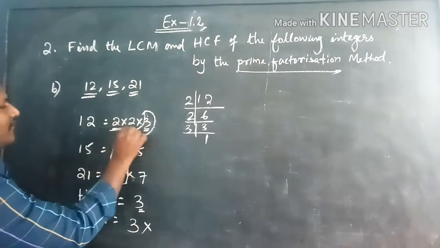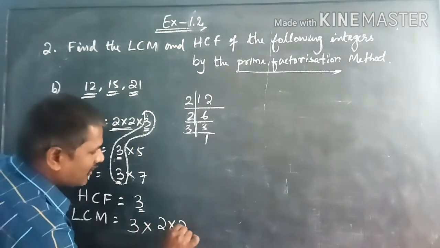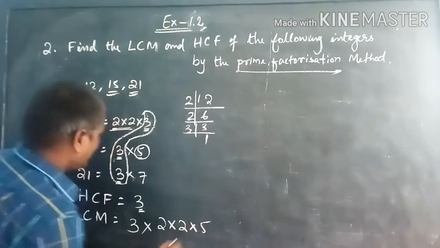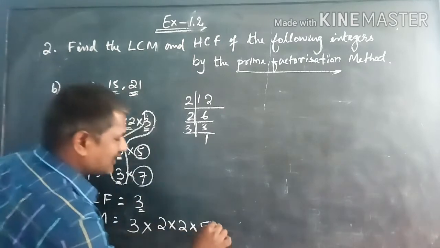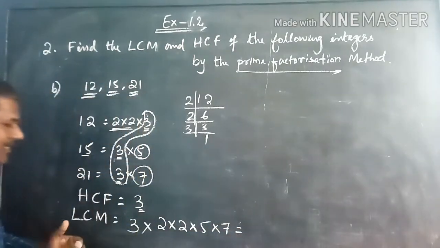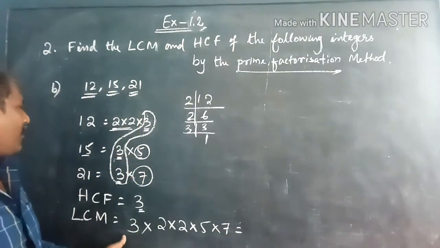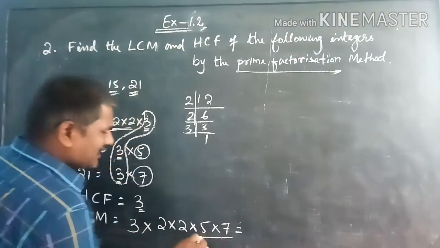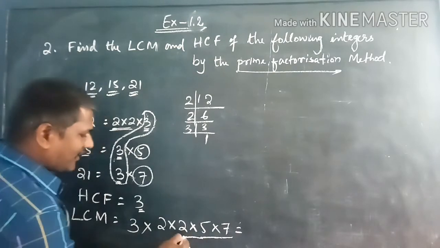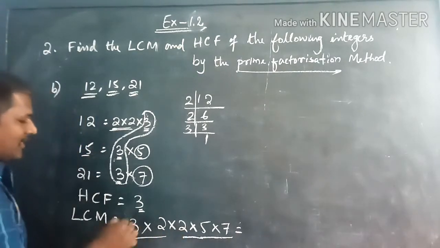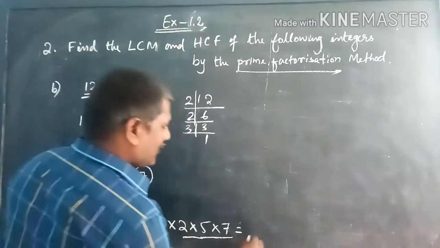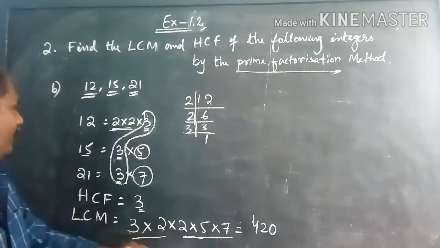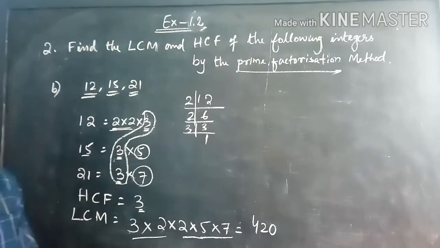In 12 the remaining part is 2 into 2, in 15 the remaining part is 5, and in 21 the remaining number is 7. So the product of all these is the LCM of 12, 15 and 21. Now we multiply: 7 times 5 is 35, 35 times 2 is 70, 70 times 6 is 420. So this is the LCM of 12, 15 and 21.